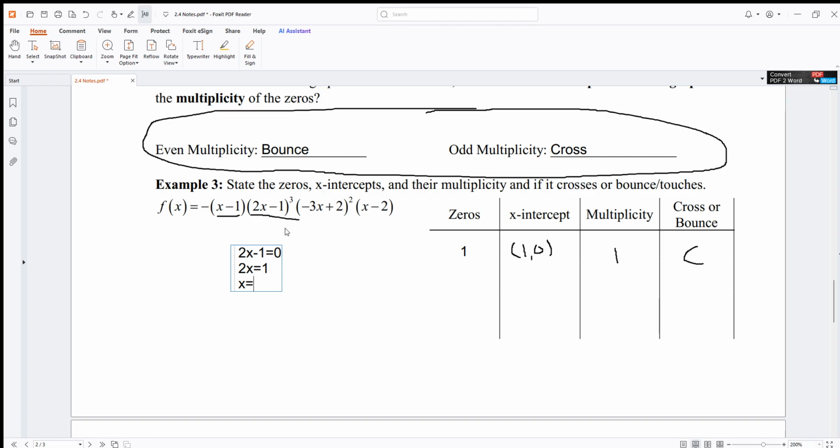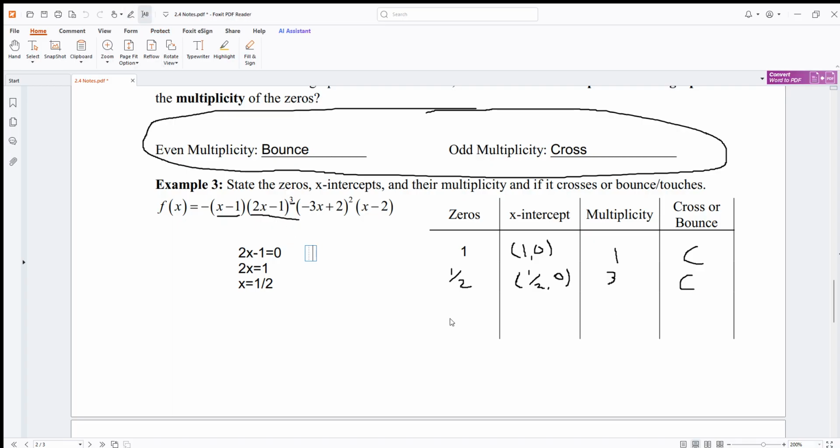So after we divide by 2, x is 1/2. So that x-intercept is 1/2, 0. Fractions are totally fine. Deal with it. How many of those parentheses do we have? Well, exponent is 3. You have 3 of them. Odd number, which means it crosses the x-axis.